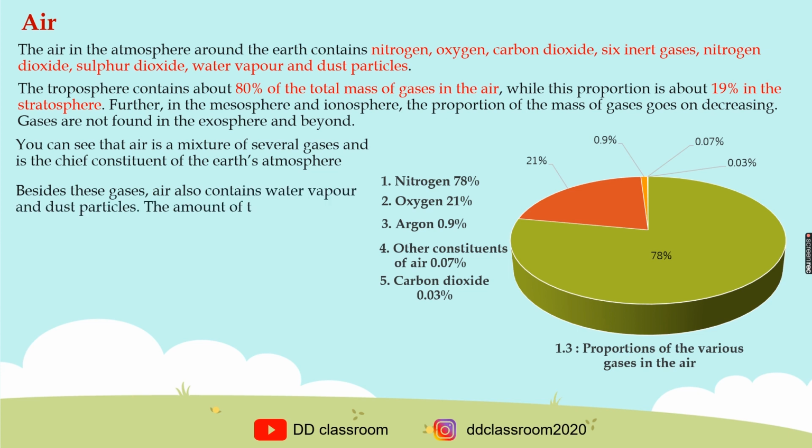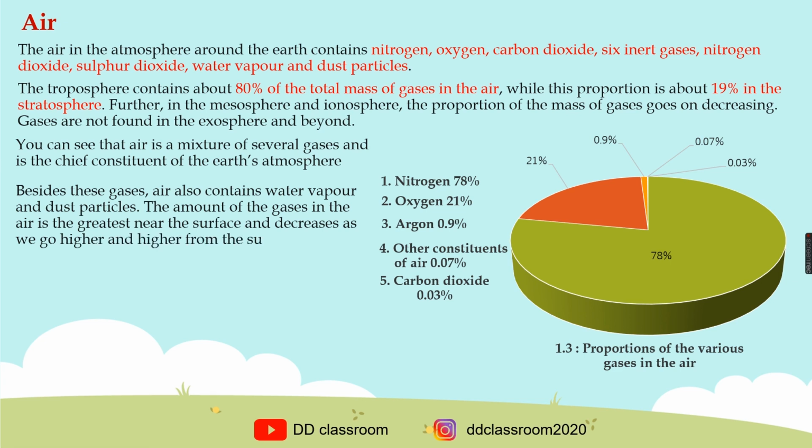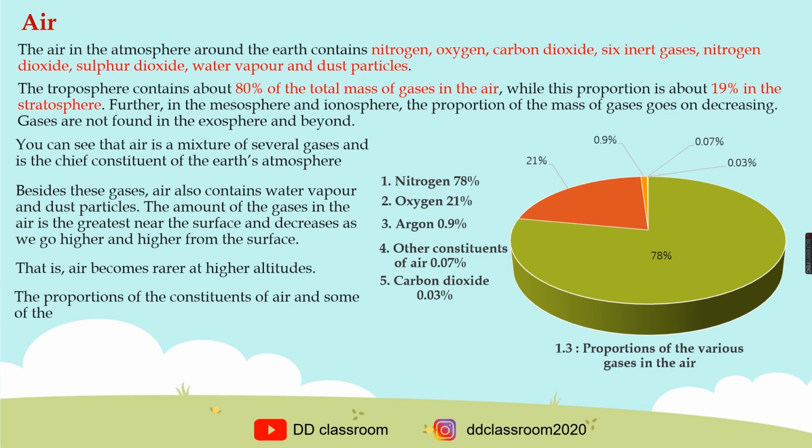The amount of the gases in the air is the greatest near the surface and decreases as we go higher and higher from the surface. That is, air becomes rarer at higher altitudes. The proportions of the constituents of air and some of their uses are given here.